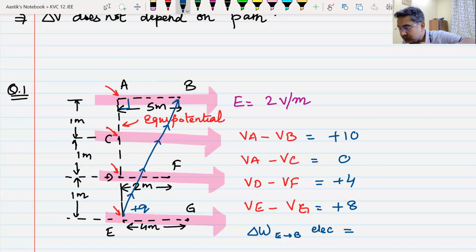Work done from E to B is work done from E to A plus work done from A to B. What is the work done from E to A? 0. What is the work done from E to B? Yes, you can also do it this way, not a problem.